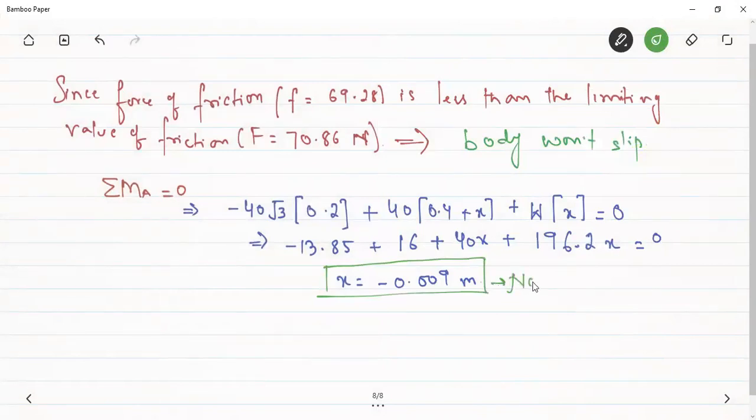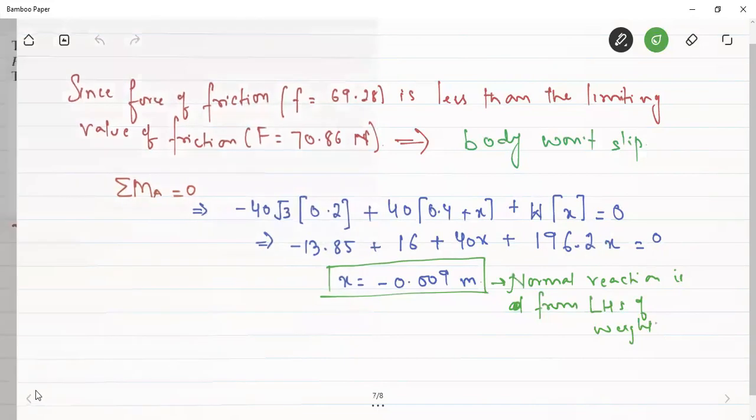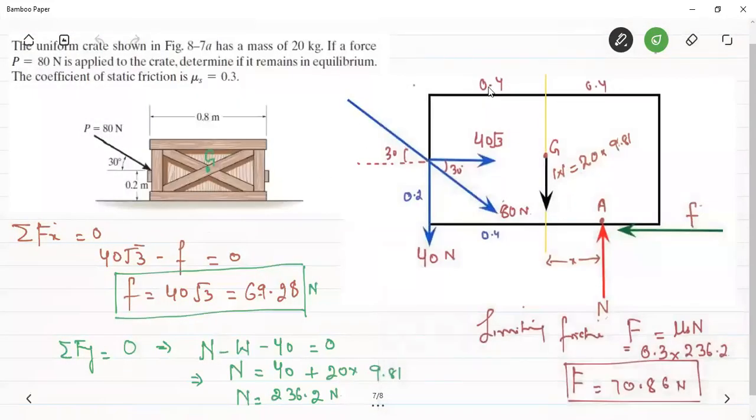So what this specifies is that the normal reaction is from the left hand side of the weight. But this is within the reach of 0.4 meters, because our x value should be less than 0.4 for the case of tipping.